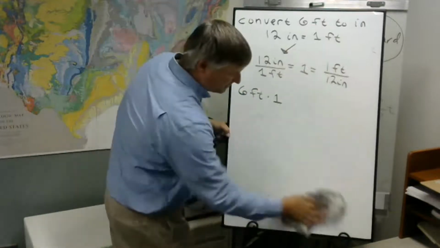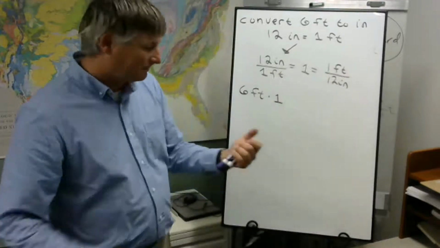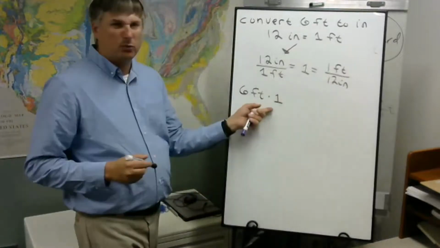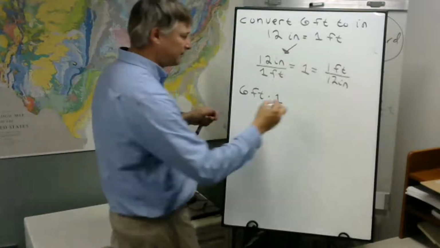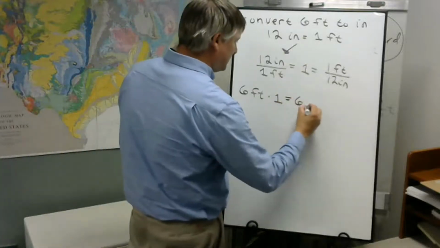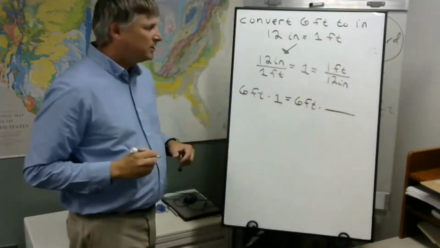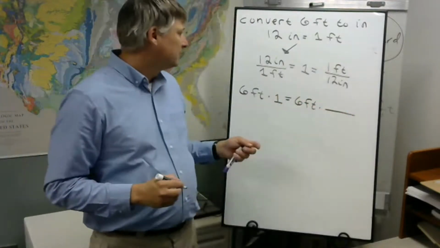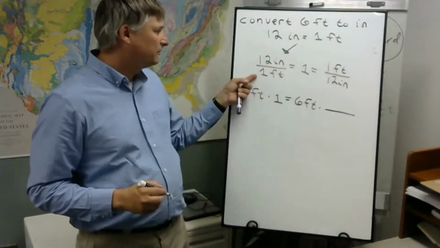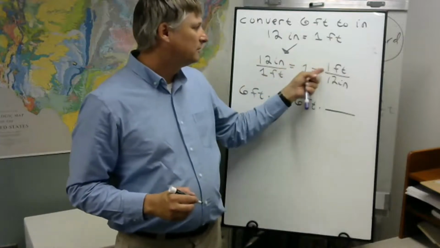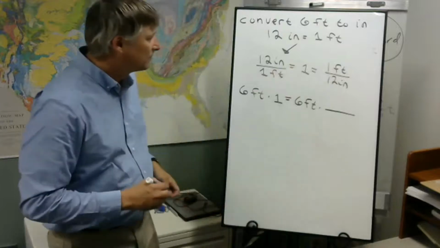So same distance, just divided up differently. So multiplying by 1, this isn't going to change anything. But then what we can do, we can choose one where it could be 12 inches over a foot or a foot over 12 inches.